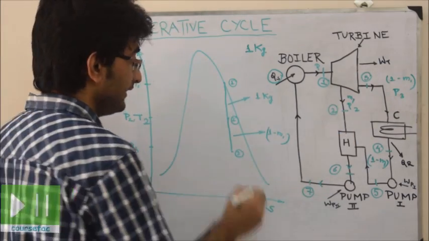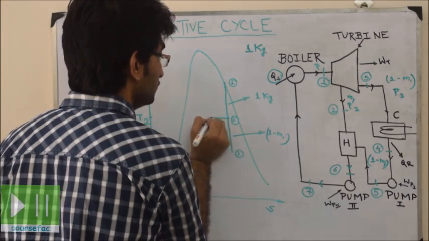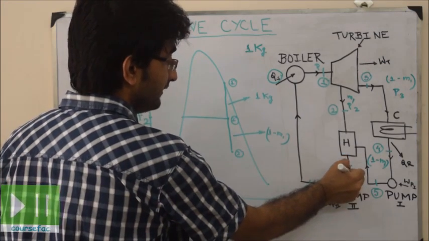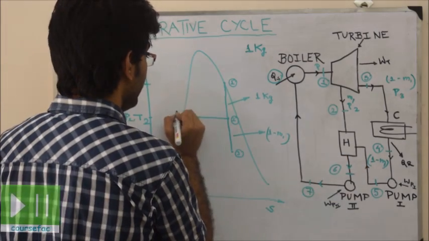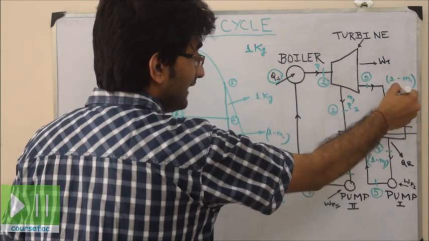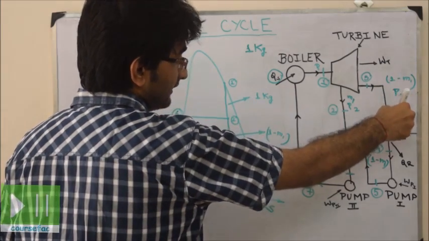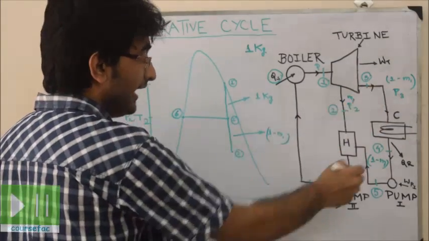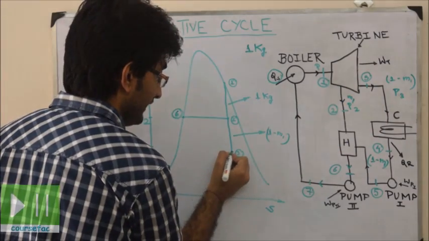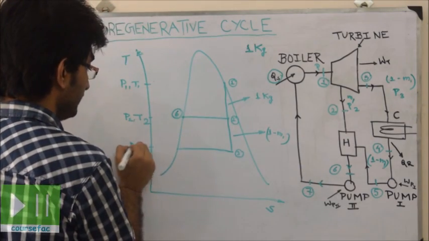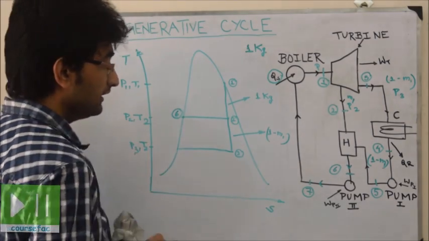converted into saturated liquid. So point 2 gets converted into saturated liquid, and this is point 6. So the final output will be 6. Now point 3 is the inlet to the condenser, and there is a phase change at a constant pressure of P3 and temperature of T3. So this line will be horizontal because this is the phase change line at a constant pressure of P3 and temperature of T3.